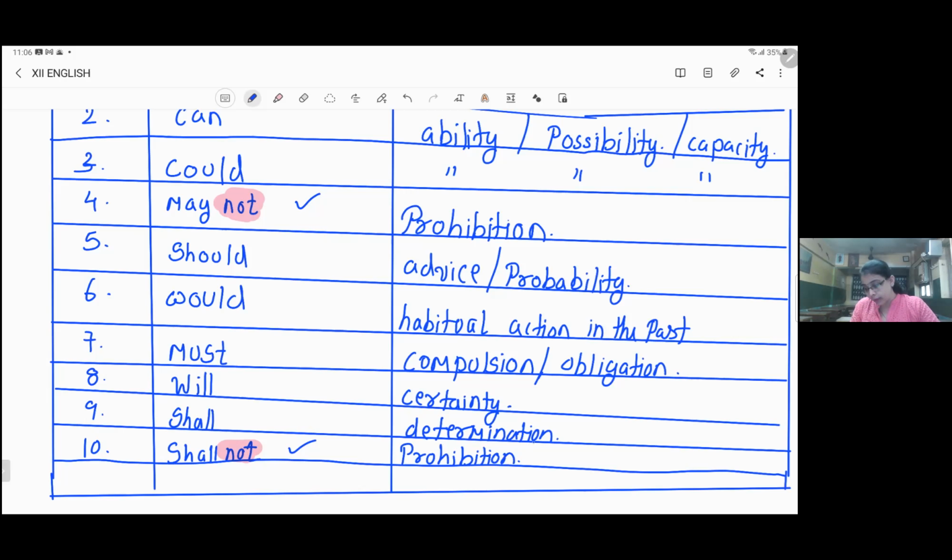And you can say here shall not is giving a prevention also, because each and every word is giving different meanings. May not is only prohibition, but shall not is prohibition also, and it is preventing also. Clear?